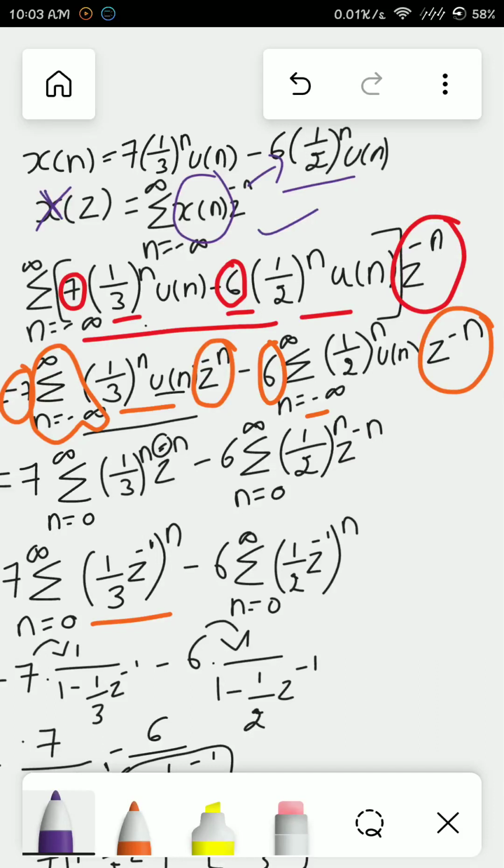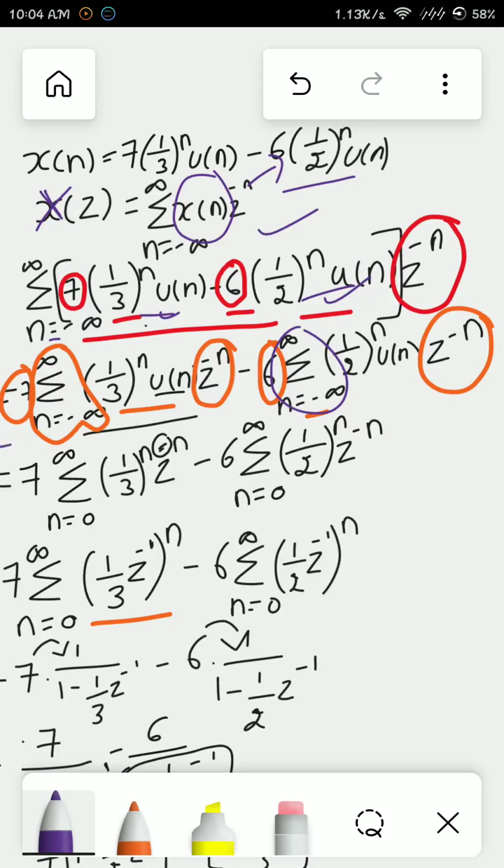I provided summation to 1 by 3 to the power of n into u of n and 1 by 2 to the power of n into u of n, the two summations. I removed the constants outside, and I multiplied z to the power of minus n to this one and this one. So see, did I do that?